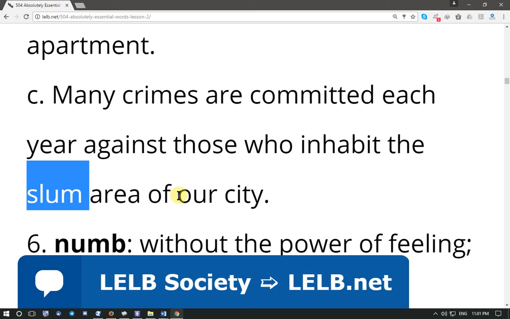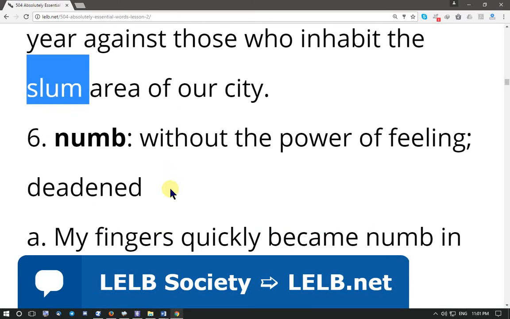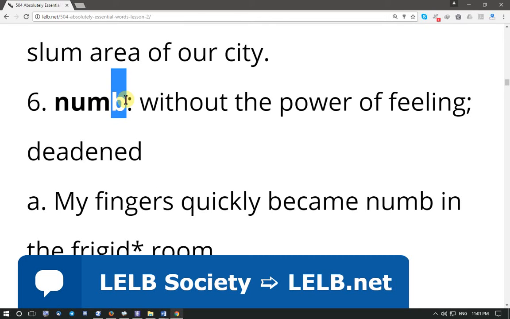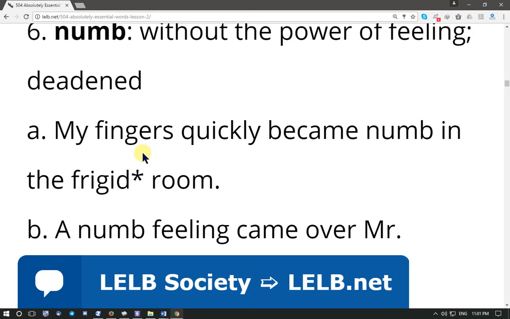Okay. Number 6, numb. Remember, B is silent. Without the power of feeling, deadened and senseless. My fingers quickly became numb in the frigid room.